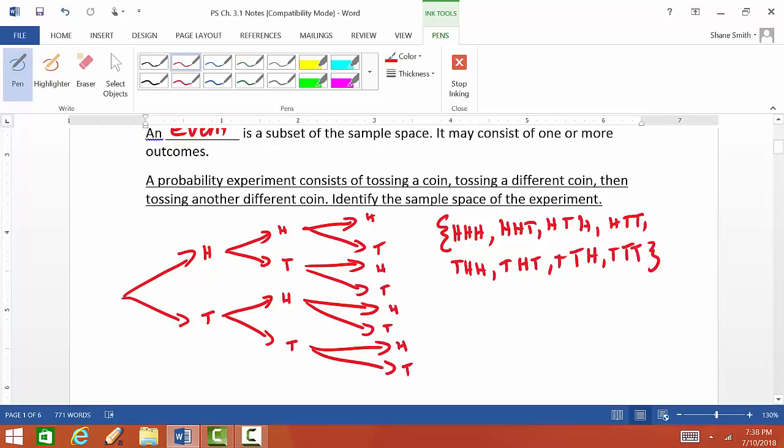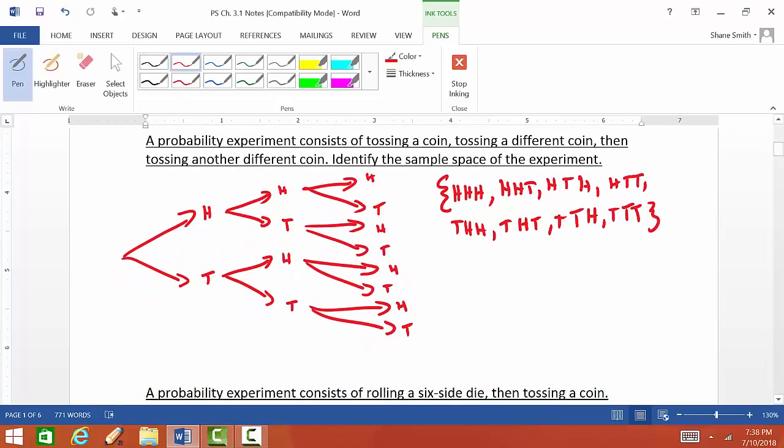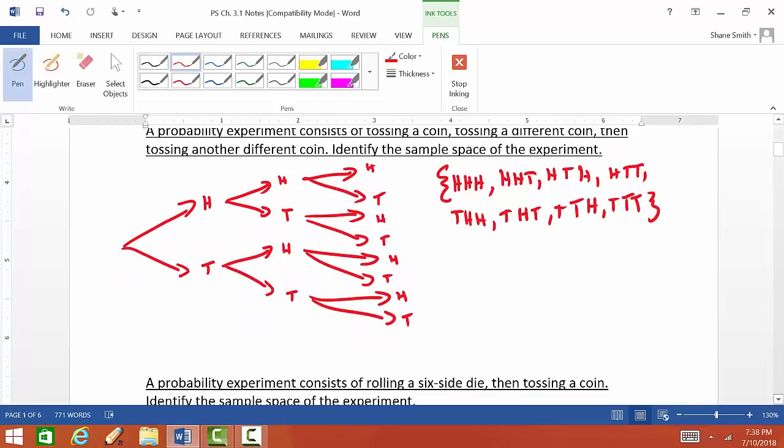And there's 8 outcomes. And if you were to follow each path of this tree diagram, you should be on one of these outcomes. And the sample space is a set, so notice how we put it in braces. And once again, there's 8 total outcomes or 8 possibilities here.